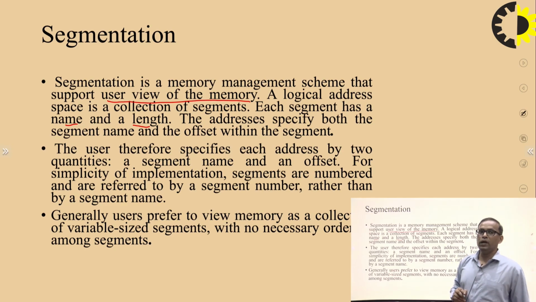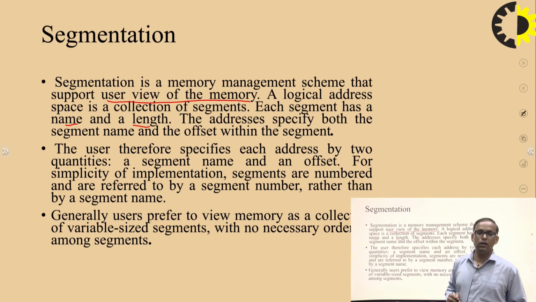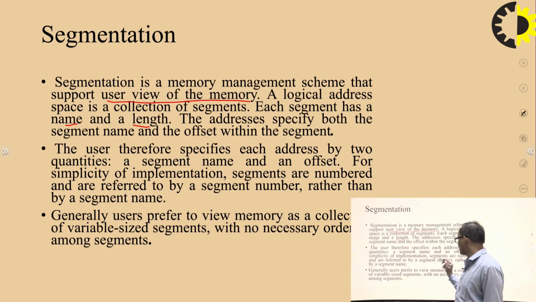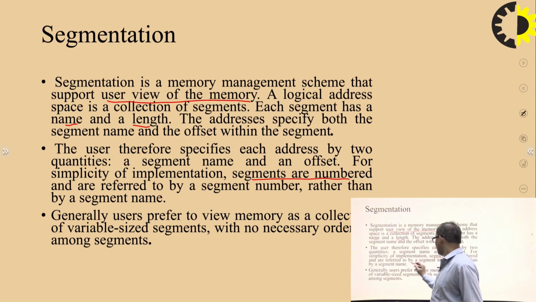In context to addressing, each segment has a particular segment number and size. Length is also known as the size. To identify the segment, we can use the segment number. So the user-specified address is given by two quantities, segment name and segment offset. For simplicity of implementation, segments are numbered, and for recognition purposes, the segment number is used instead of the segment name. Segments are referred to by the segment number rather than the segment name.